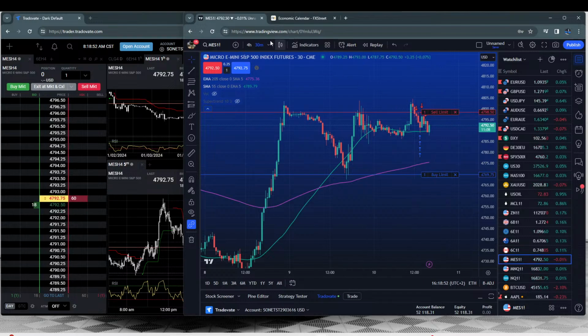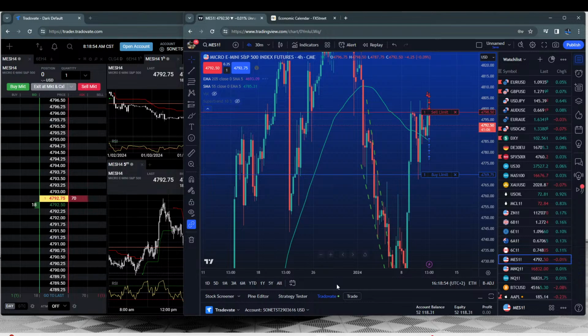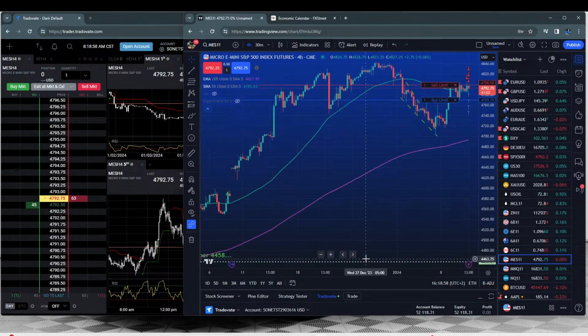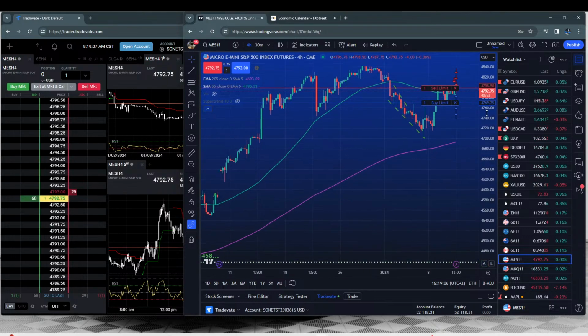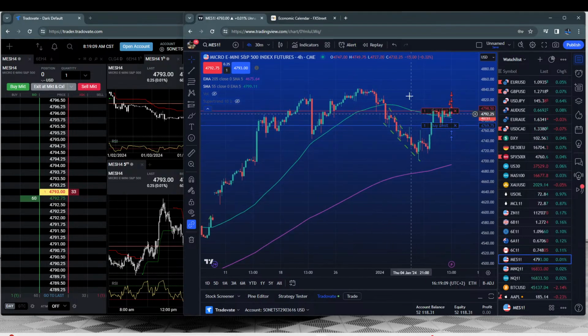Let's see. The bigger picture here is this. We are consolidating from the big move from the lows last week, and we are trading just below the all-time high.